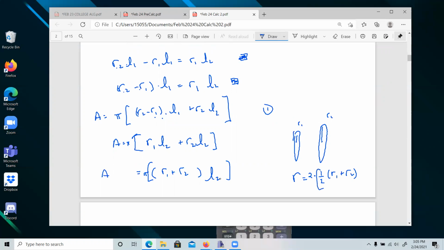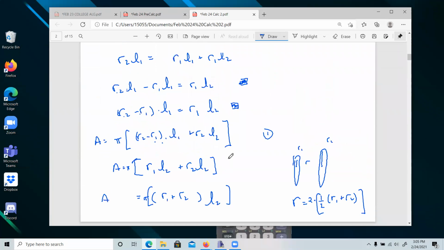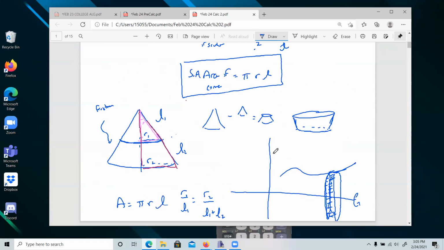R is just the average of both of these, because if you look back at our original picture, we have an R1 and an R2. We're going to shrink this down. R2 minus R1 is going to be a very, very small thing.